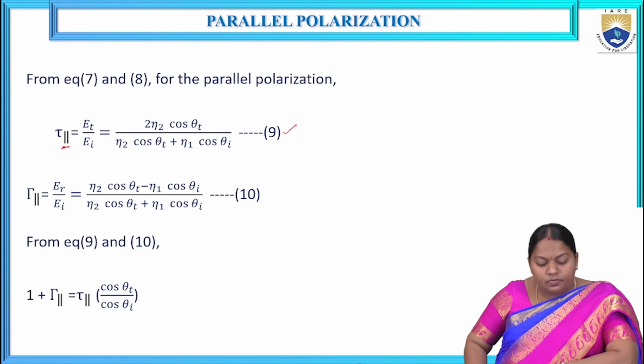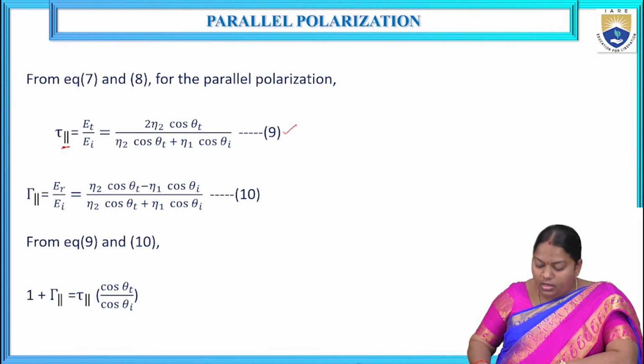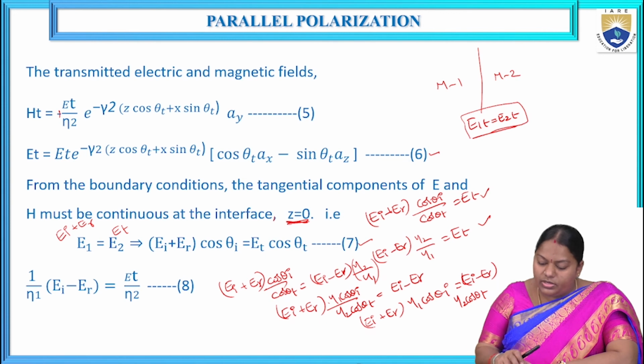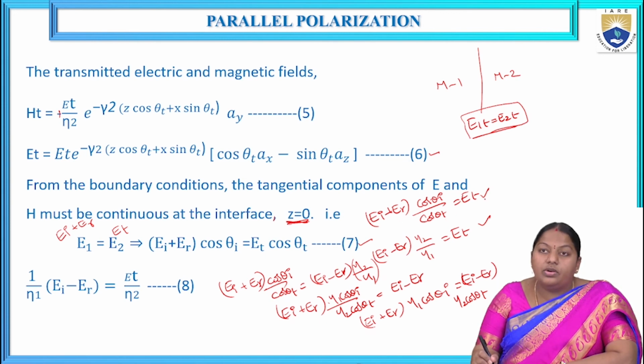Similarly for the reflection coefficient, by adding these two, previously we had the relations (Ei plus Er) into cos theta i by cos theta t equal to Et, and (Ei minus Er) into eta 2 by eta 1 equal to Et.